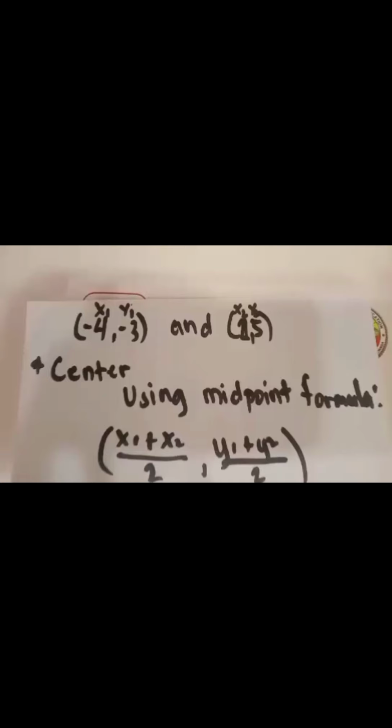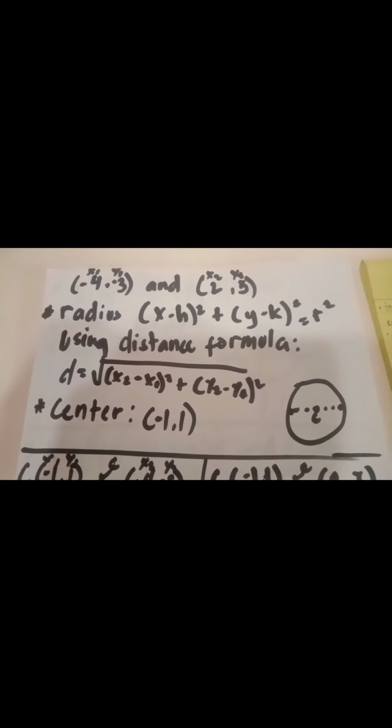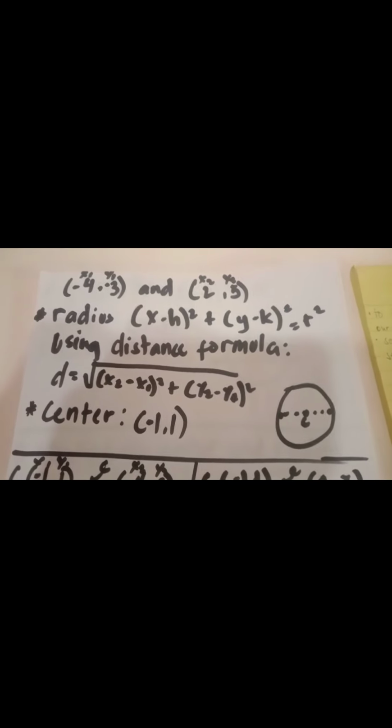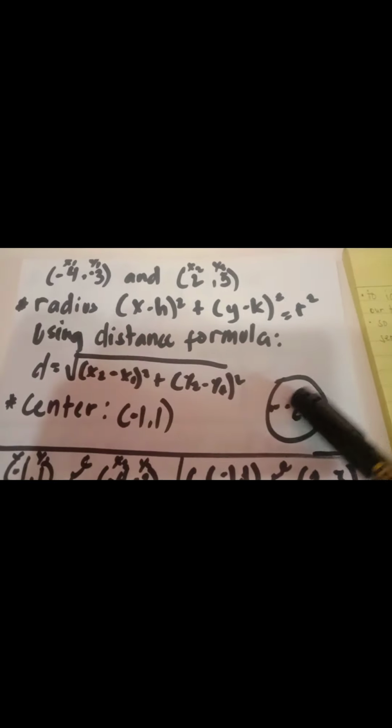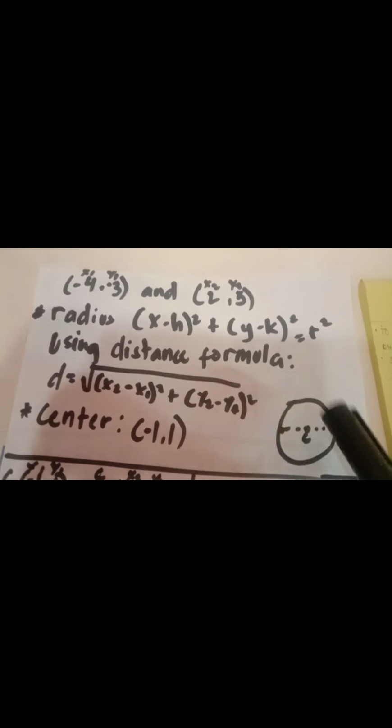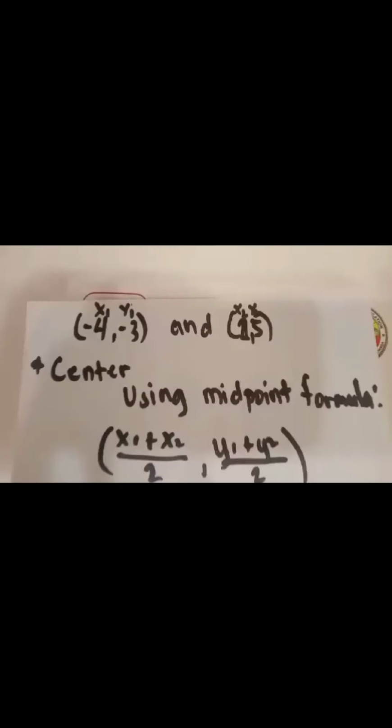So, -4 plus 2 is -2. -3 plus 5 is 2. -2 over 2 is -1. 2 over 2 is 1. To get the radius, kailangan makuha ang distansya ng center sa alinman sa dalawang endpoint using our distance formula.